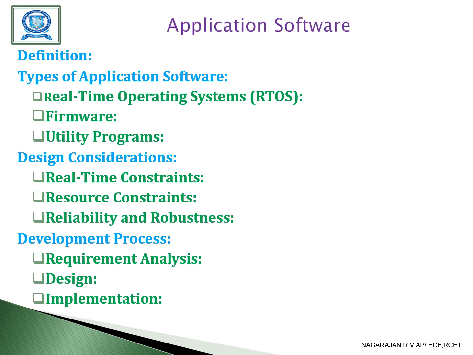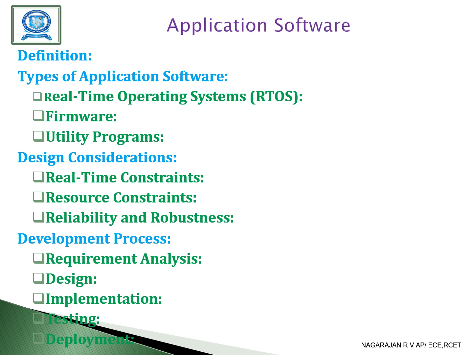Next, implementation: coding the software based on the design, often using a high-level programming language like C or C++. Next is testing: rigorous testing to ensure the software meets all requirements, performs correctly and is free of bugs.